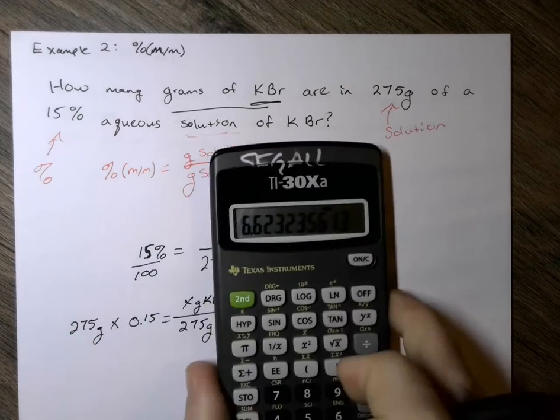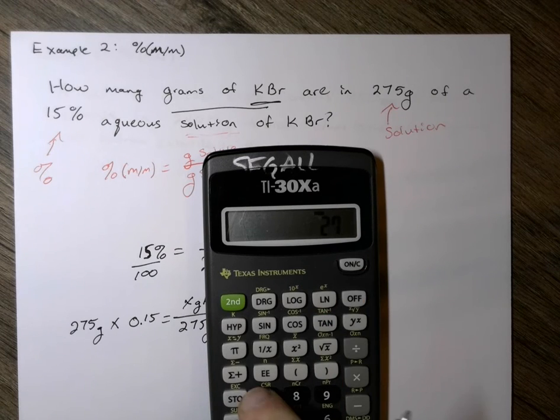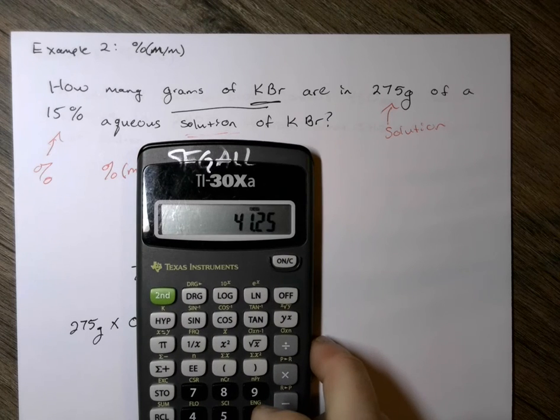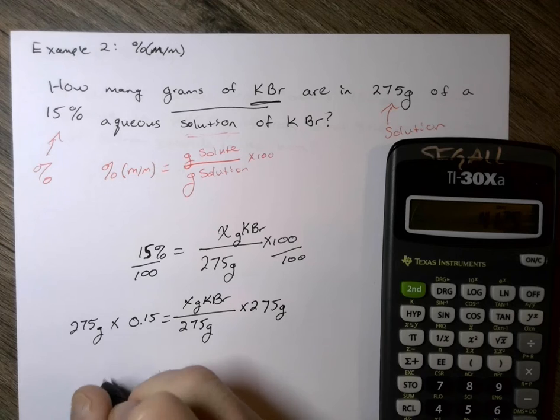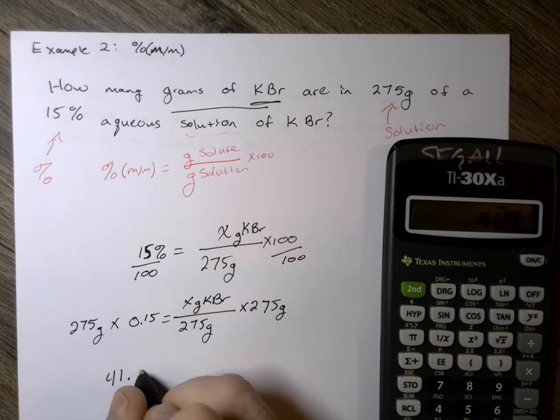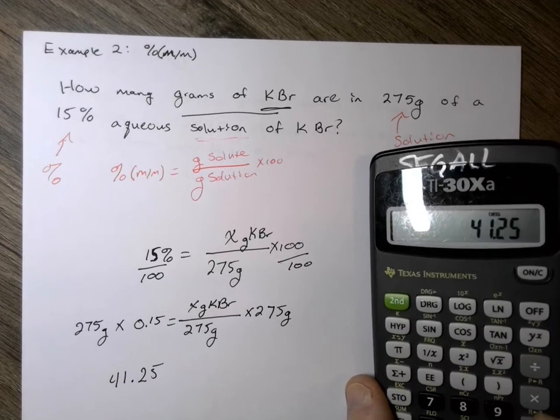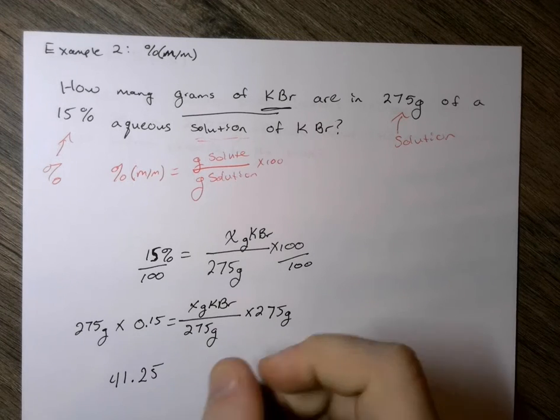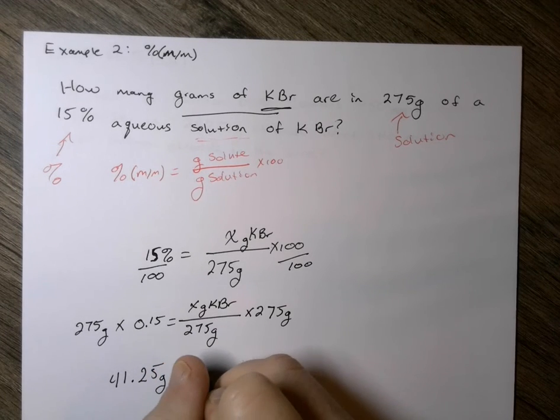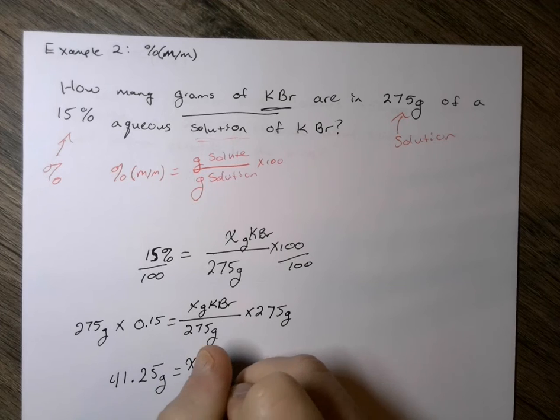So 275 times 0.15 gives me 41.25. So 41.25 grams is equal to x grams of KBr.